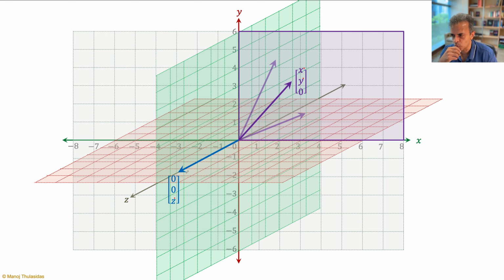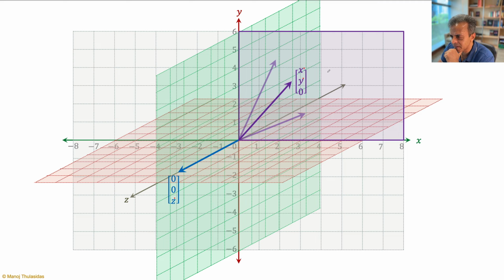But let's ask that question once more. If I give you a vector x, y, 0, let's say 5, 3, 0, can you find a vector that is orthogonal to it? And could it be anywhere other than along the z-axis? You cannot. You are looking for 5, 3, 0, and you want to take a dot product with it.